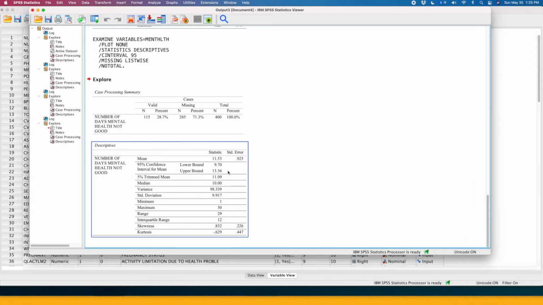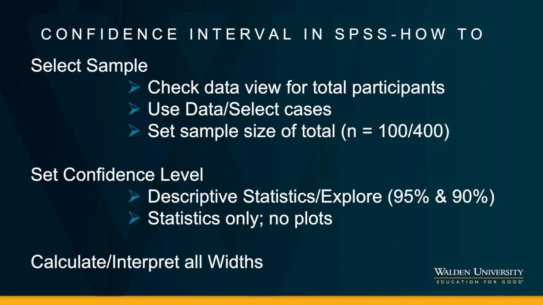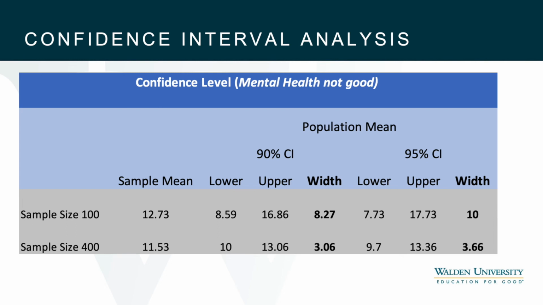I have summarized these values for you and calculated the width of these confidence intervals, and I've placed them in a nice table on the PowerPoint, and let me show you what that looks like. And here are the results. You can see here that the sample mean for 100 came out to 12.73, and for a sample size of 400 came out a little bit lower, 11.53.